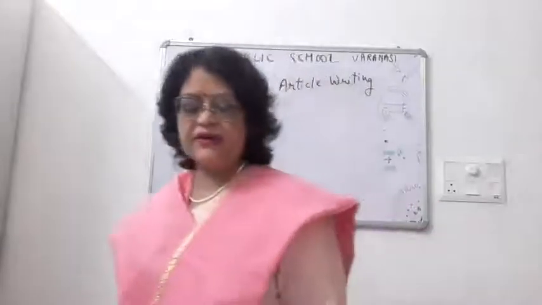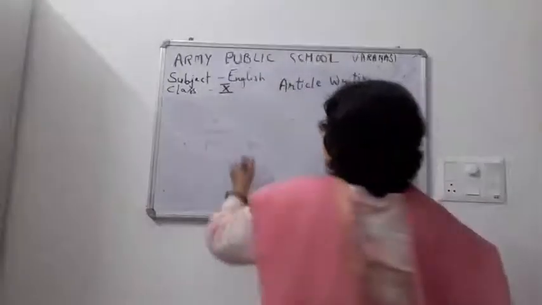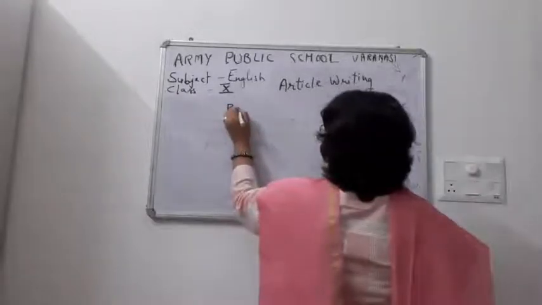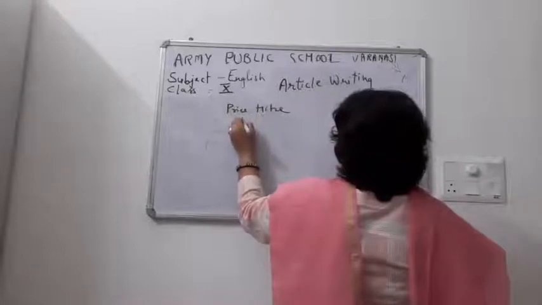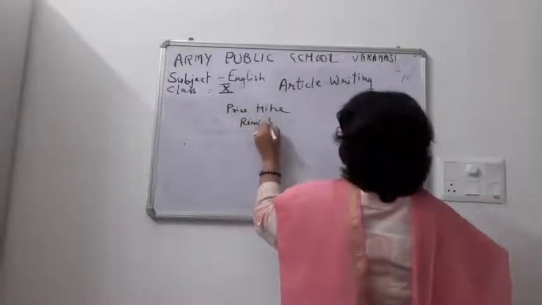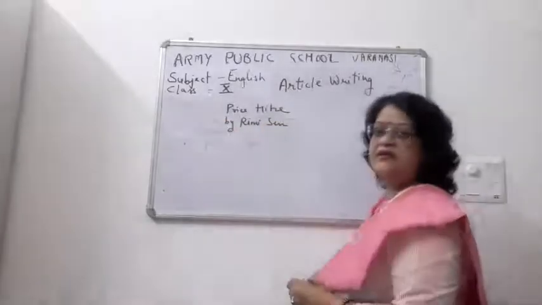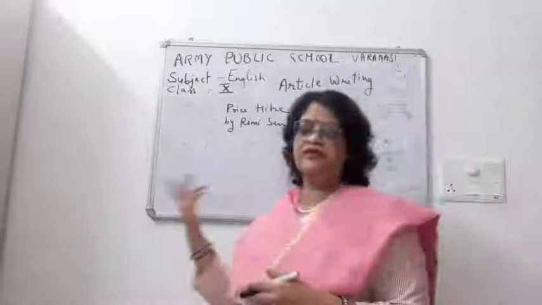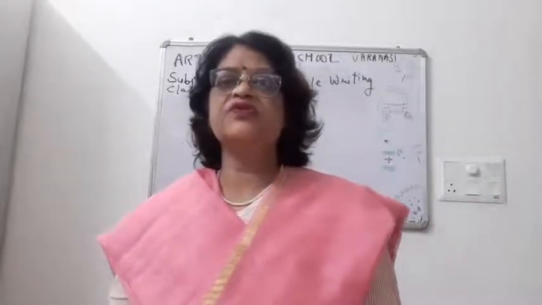Children, as per the format, you have to write price hike by Remy Sale. Okay, you can write the name of the person. If the name is given in the question, then you write it like that.